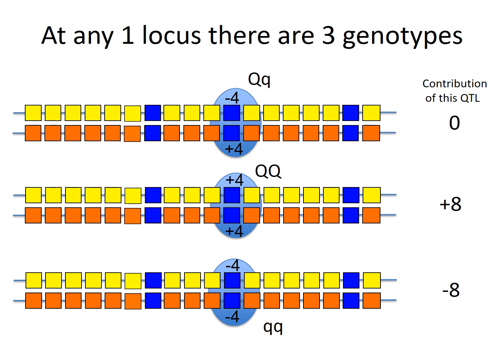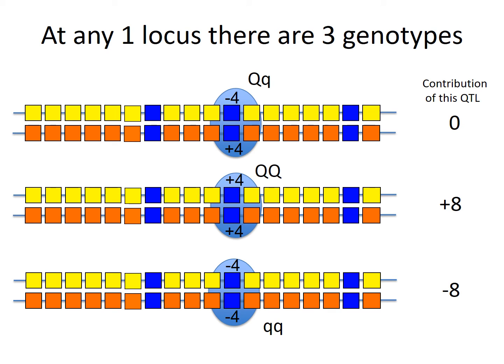At any one particular locus, there are 3 genotypes. There are individuals that have 2 copies of the good form of the gene, and that's what I've represented here with the letter capital Q. There are individuals that carry 2 copies of the bad form of the genes, that's the little q, and there are individuals that carry 1 copy of the good form and 1 copy of the bad form.